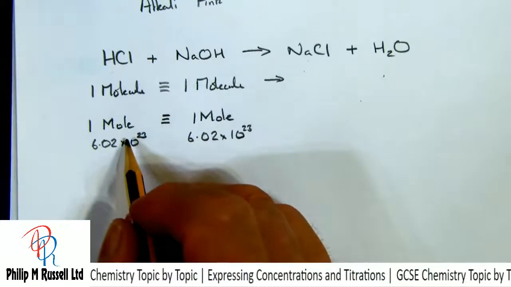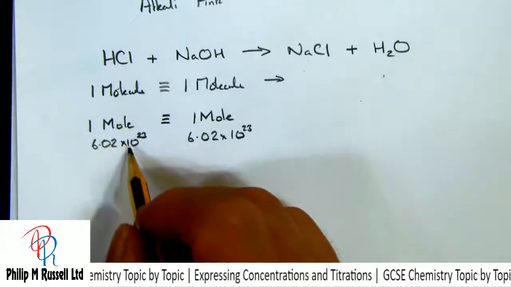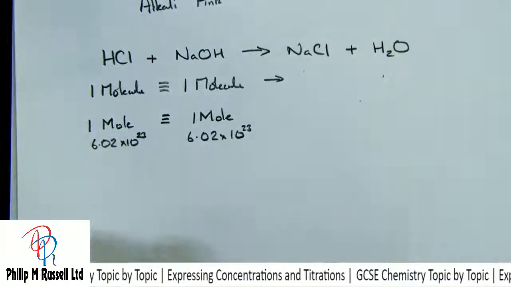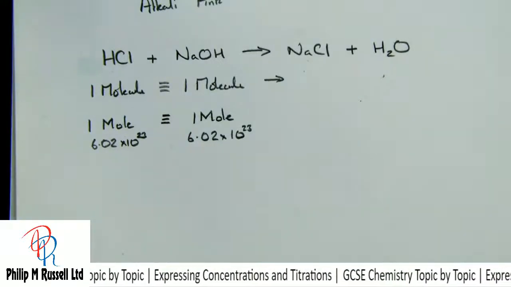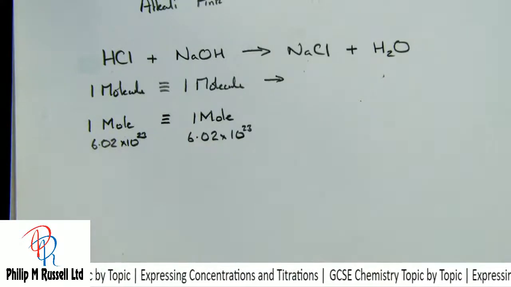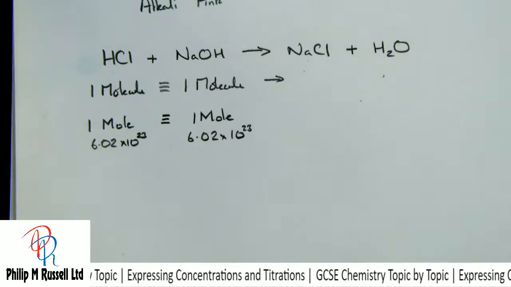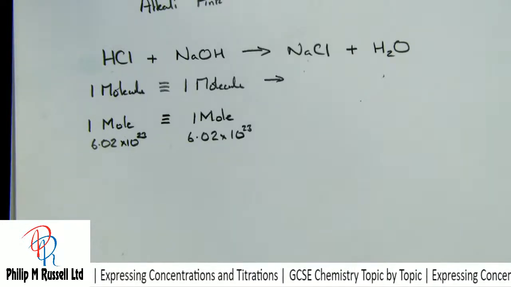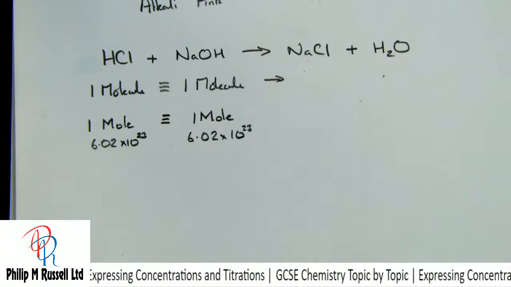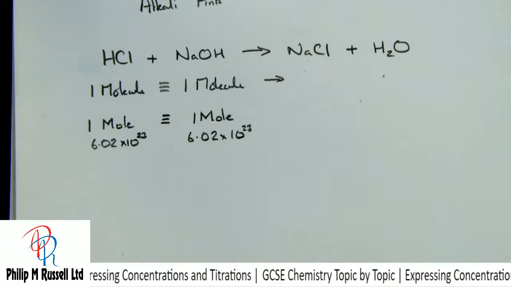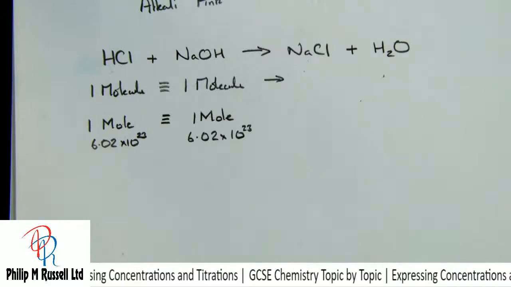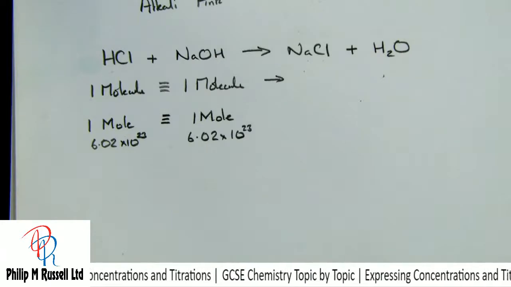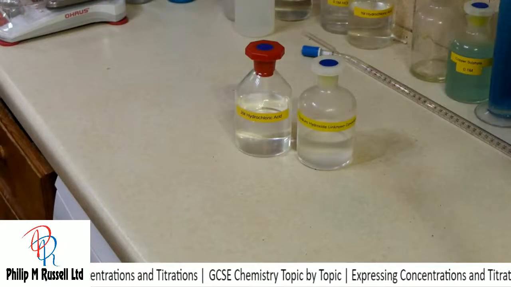So if I know how many moles of my HCl I've got, then I can react that with my sodium hydroxide. Now, to do some of this, we're going to use 2 instruments. We're going to use a burette and we're going to use a pipette. So let me set up the burette and then we'll set up the pipette to see what we want to do. So let's have a look at the burette.